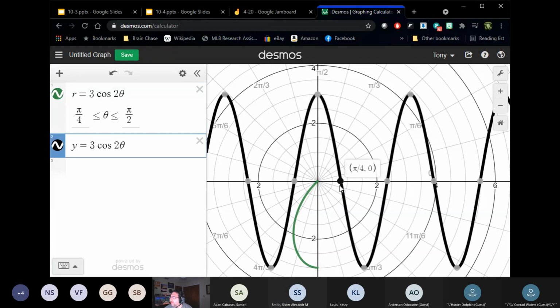Because all my radiuses down here are going to be negatives, we're going to graph the curve, and then we're going in the opposite direction. Since the theta is over here and it's negative, it's going to reverse down into the third quadrant. Does that make sense?